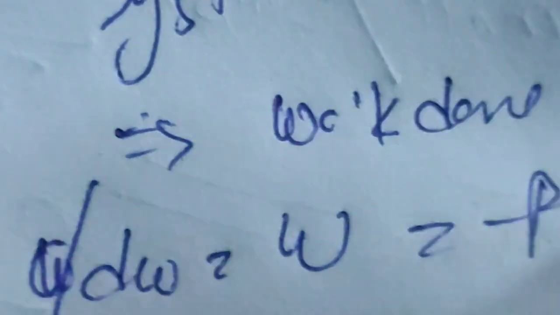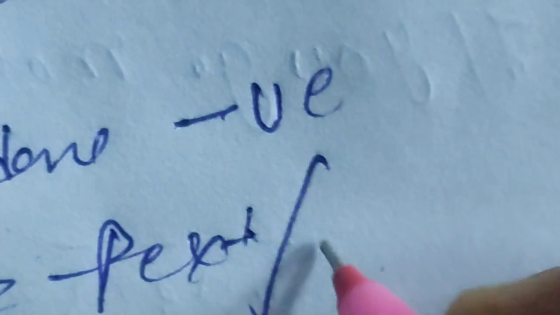Okay, so negative means our integration of dW becomes negative of P external if it is constant. So V1 to V2 dV becomes minus P external into delta V. Or if P external is not constant, in this case the work done becomes minus the integral from V1 to V2 of P external dV.